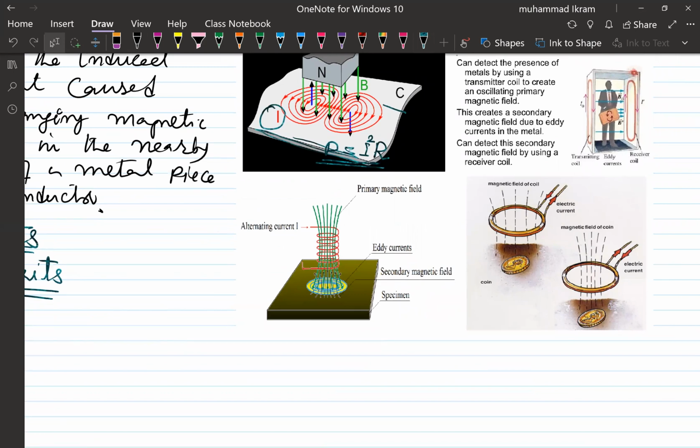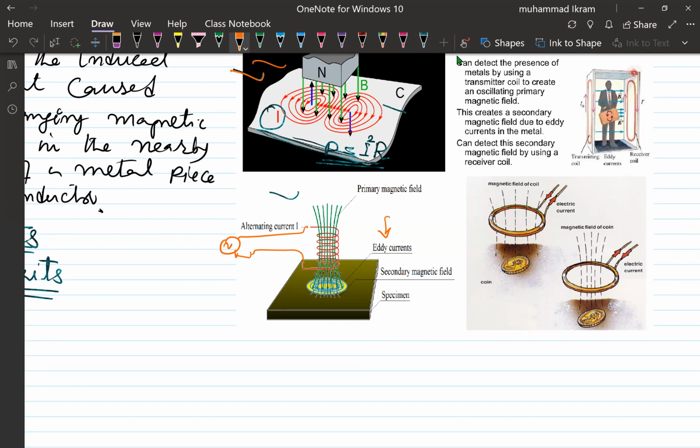Now look how it can be produced. The eddy current can be produced by the changing magnetic field of the permanent magnet, as I did here, or it might be because of the changing current through the solenoid. For example, if your solenoid is connected with an AC source, alternating current, then there will be a changing magnetic field, and that changing magnetic field would cause current in the metal piece, and that current is called the eddy current, right?